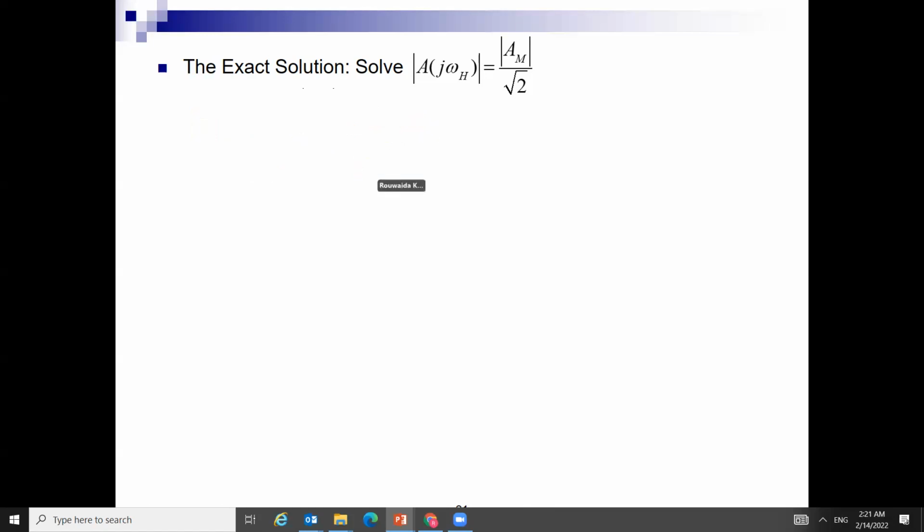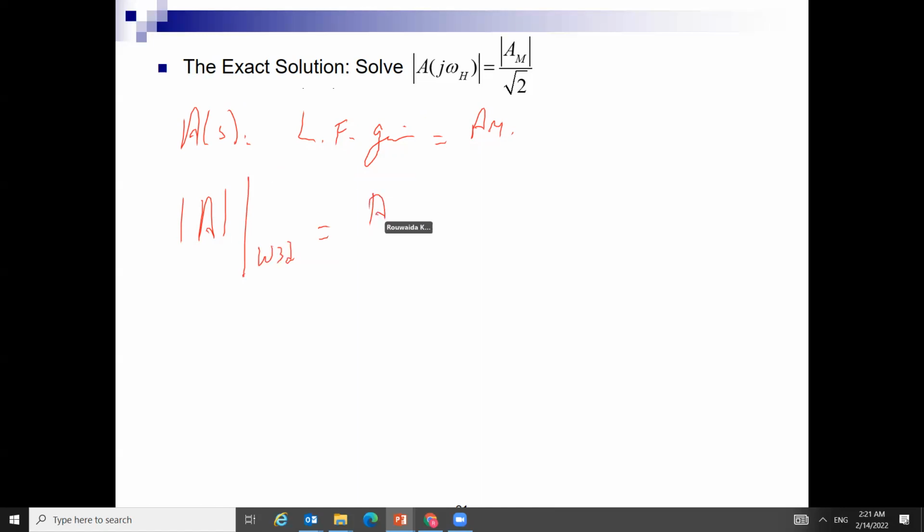Okay, طيب نحن بحالة ال A of S, we know that the A of S has a low frequency gain which is equal to AM. يعني magnitude of A at omega 3 dB is really equal to AM over root 2. بس نحن we know how to calculate the magnitude of A at any frequency. So we set it equal to AM over root 2 and we perform our calculations.